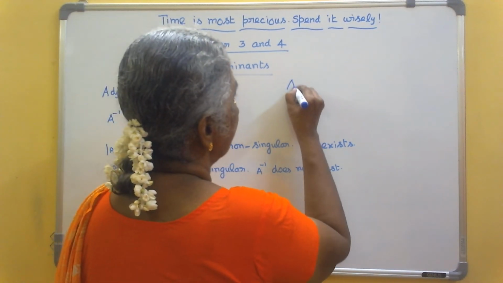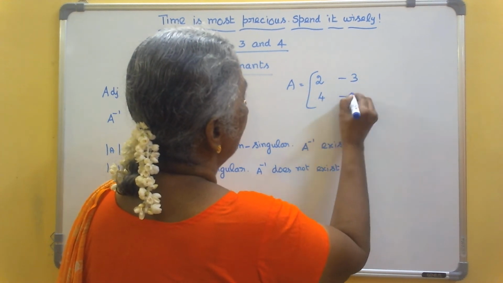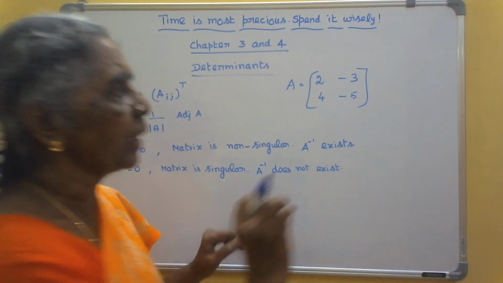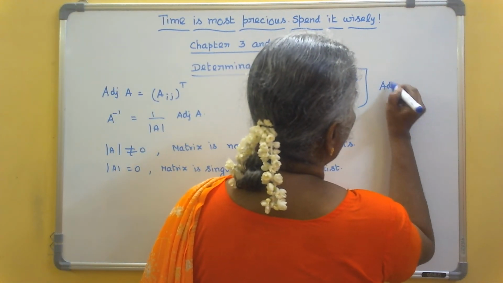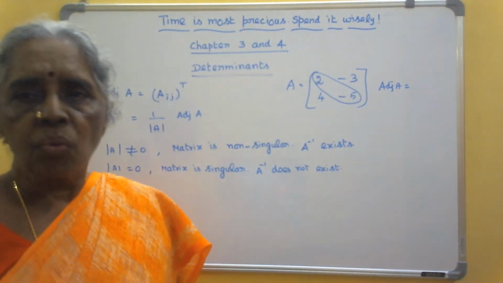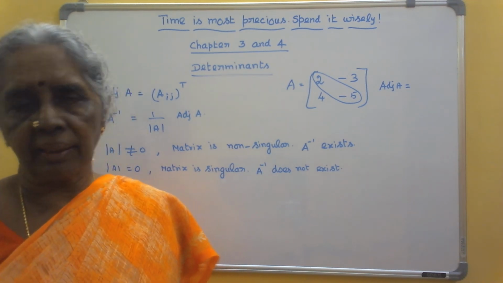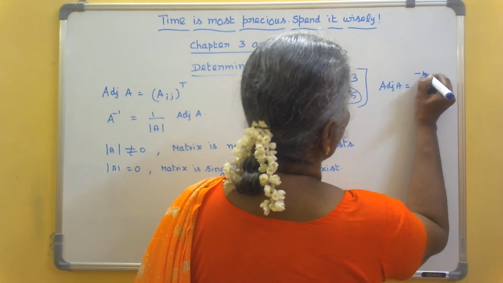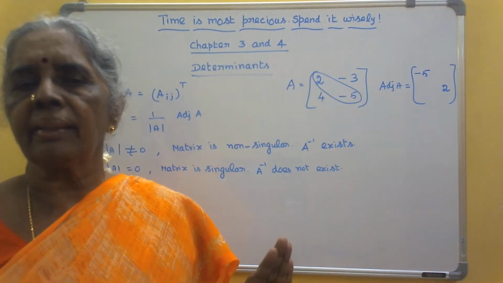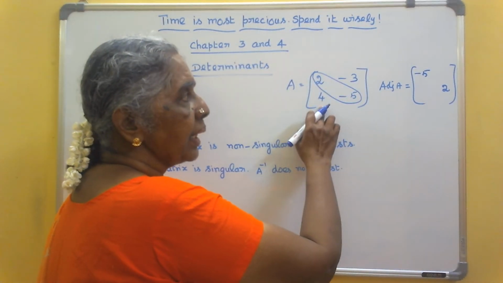Let us take A is equal to [2, minus 3; 4, minus 5], right? Now, how can we find the adjoint? This is the diagonal, right? So you interchange the elements of the diagonal. That means this minus 5 will come here and 2 will come here. Just interchange it, whatever be the sign. Then you have two other elements.